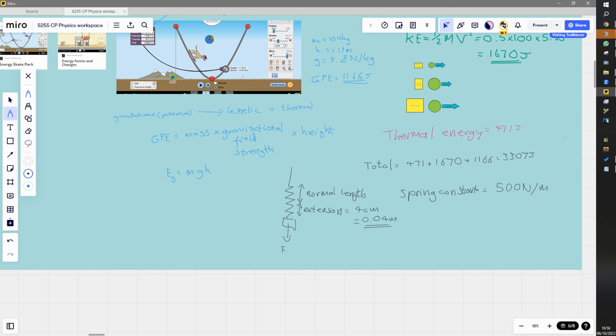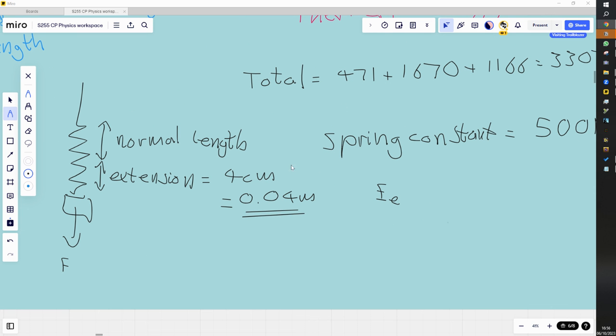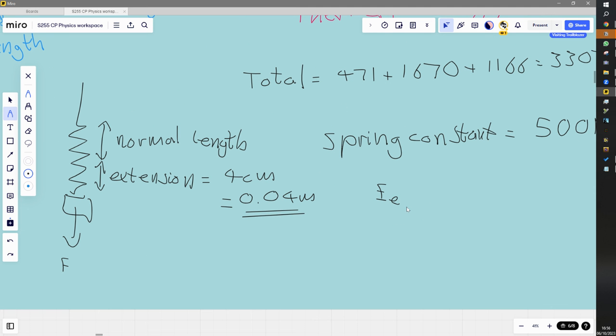How do I calculate the energy, the elastic energy? I'll call this EE, with a lowercase e for the type of energy we're talking about, which is elastic energy in this case. So I'm just going to tidy this up a little bit because that doesn't look like much of a capital E there.